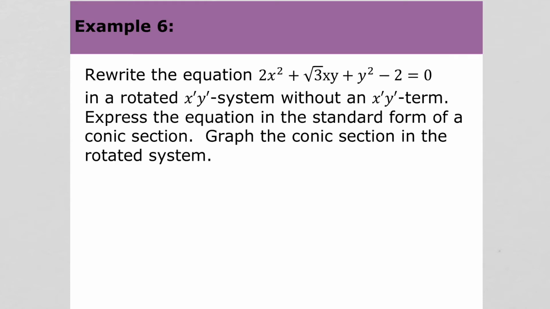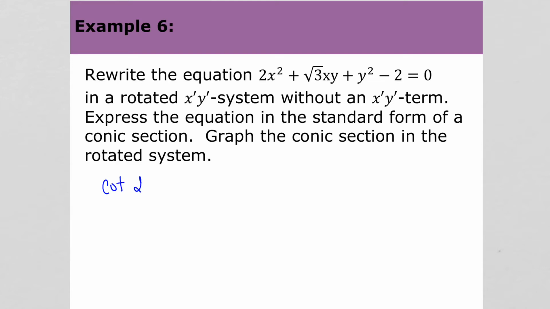It says, rewrite the equation 2x squared plus square root of 3xy plus y squared minus 2 equals 0 in a rotated system, express the equation in the standard form of a conic section, and then graph it. So the first thing we have to do is find theta.